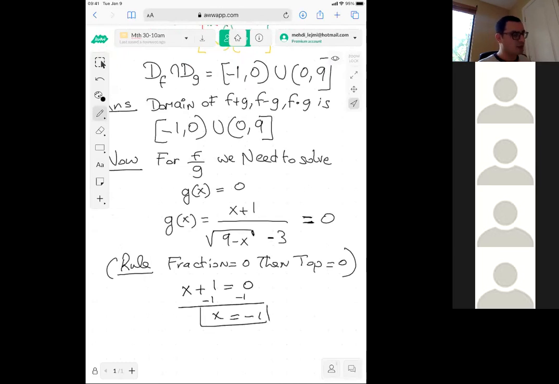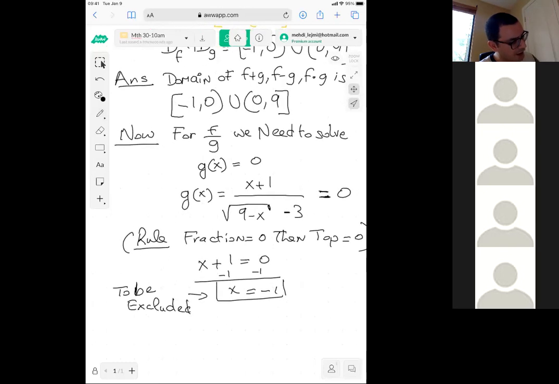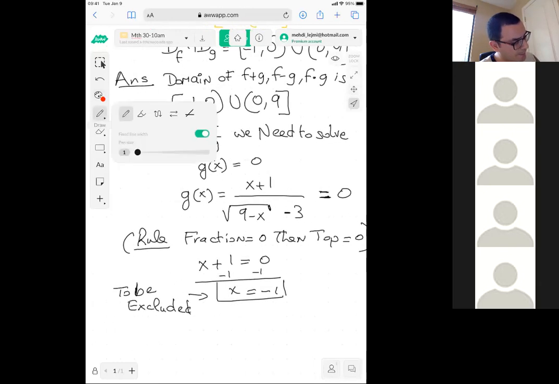So I have to exclude negative 1 from the common domain to get the domain of f over g. You see here in the common domain, negative 1 is included, for f plus g, f minus g, f times g.